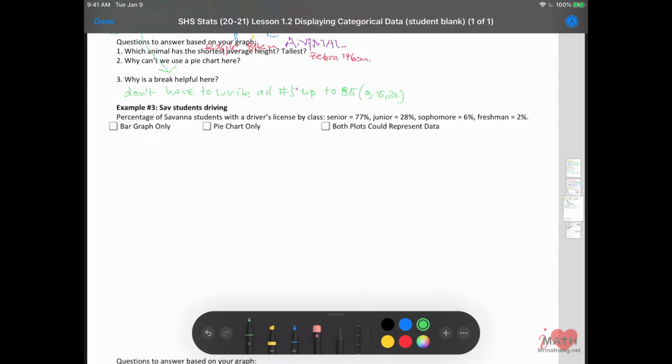All right, let's go over this next example. SAV students driving. Percentage, careful there, percentage of Savannah students with a driver's license by class. So seniors, juniors, sophomores, and freshmen. So here's a question.